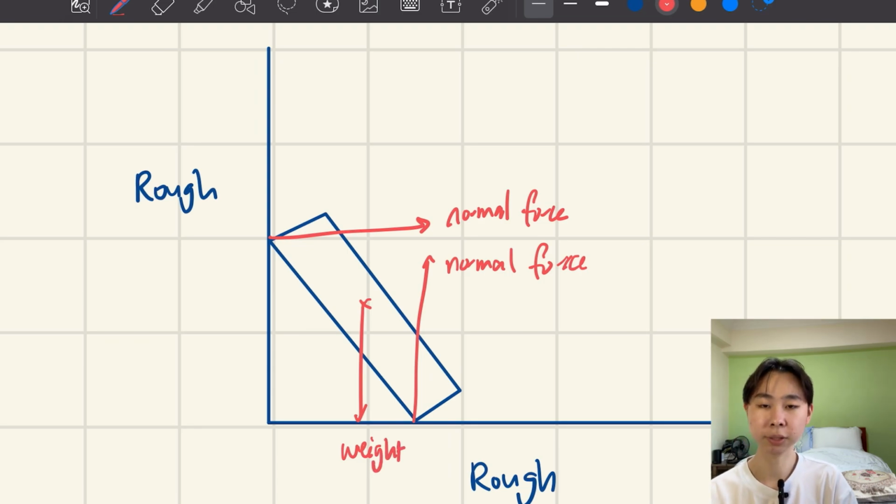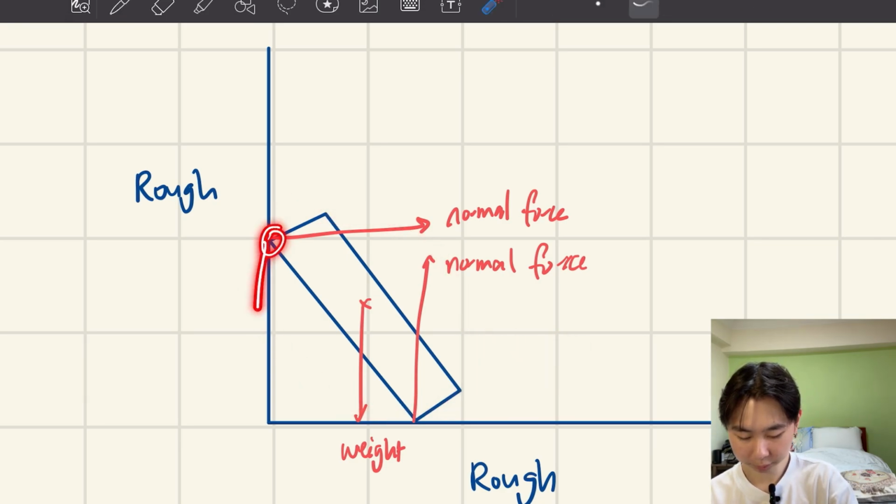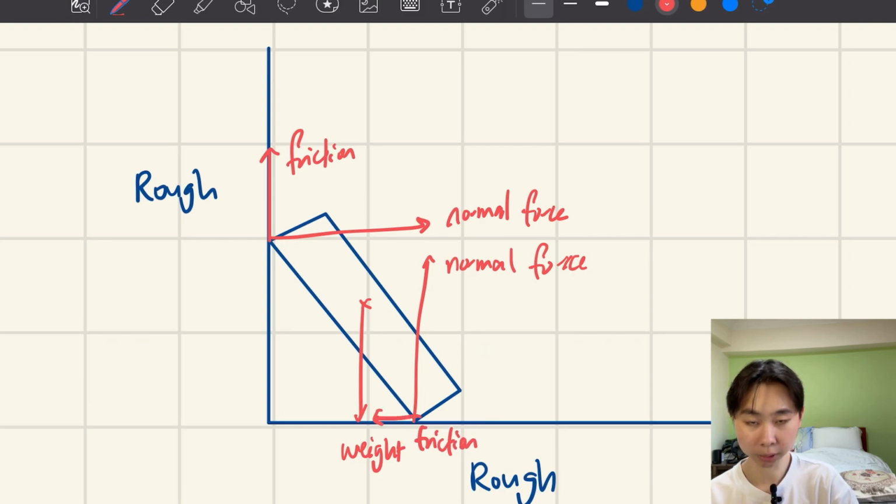And there are rough surfaces, so that naturally means there will probably be friction. When this block goes down, this portion here will slide down, and this portion here will slide towards the right. Friction opposes motion, and therefore your friction on this wall here will be upwards. And your friction on this ground here will act towards the left to oppose the motion that is going to be towards the right.